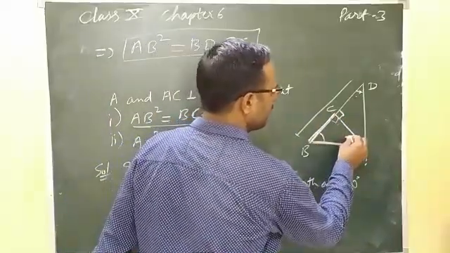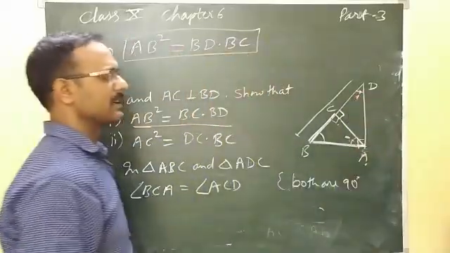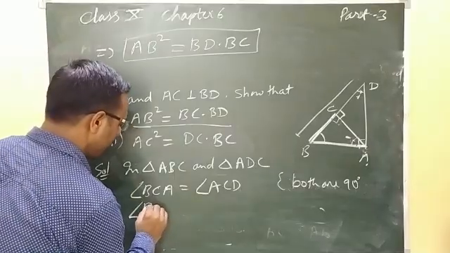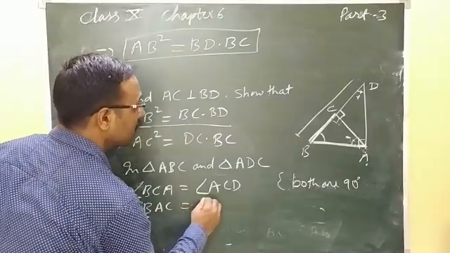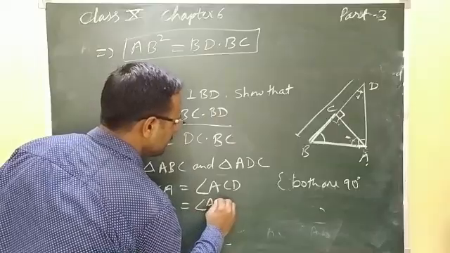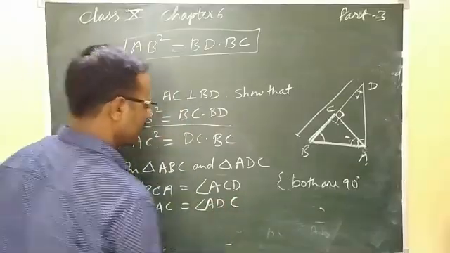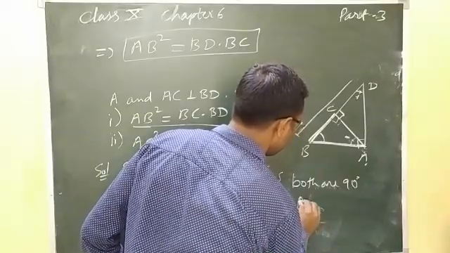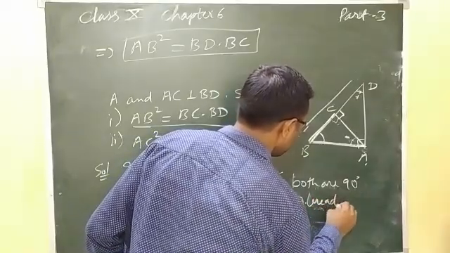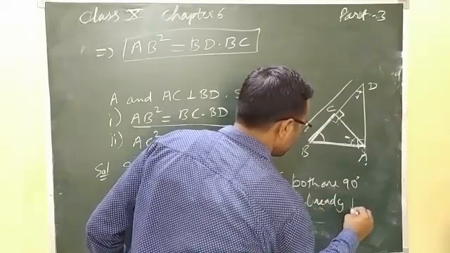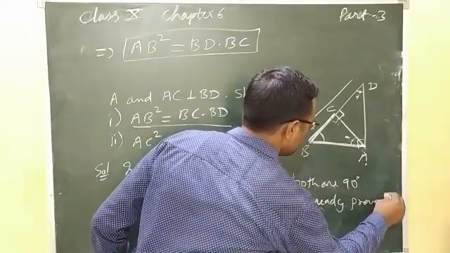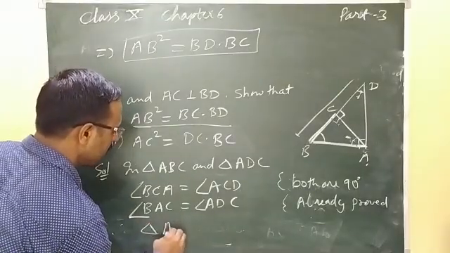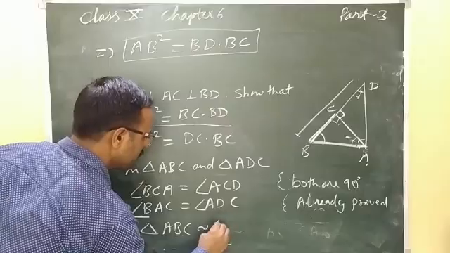That time this angle was coming similar to this angle. So what will be the name? Angle BAC equal to angle ADC. Already proved. Okay, therefore triangle ABC is similar to triangle.